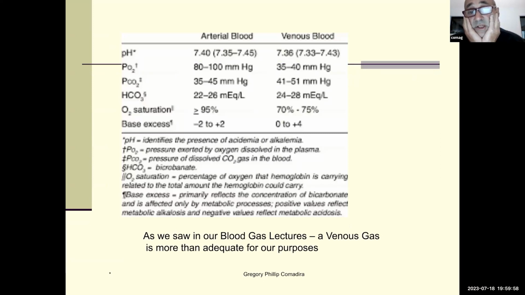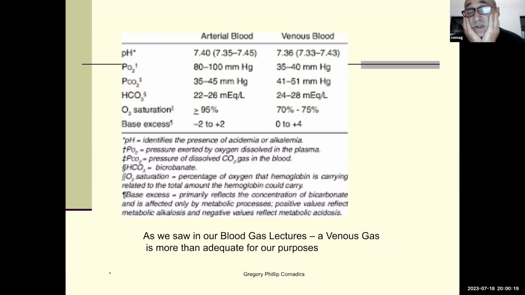And here is the comparison I gave you of venous and arterial last time. For your purposes, a venous gas is fine and fine for trauma. You see the base excess is reliable for what you need.